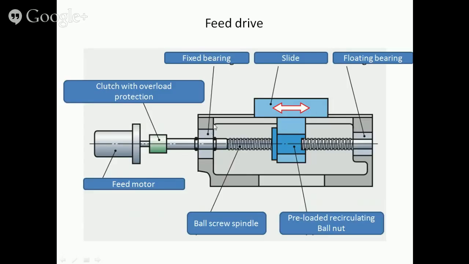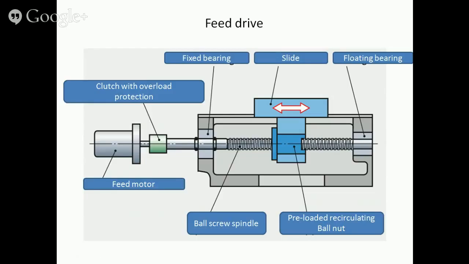The bearing to the left is a fixed bearing, whereas the bearing to the right is a floating bearing, so that the spindle can dilate in case of heating without any problem. The floating bearing is making small movements in the range of hundredths of a millimeter.